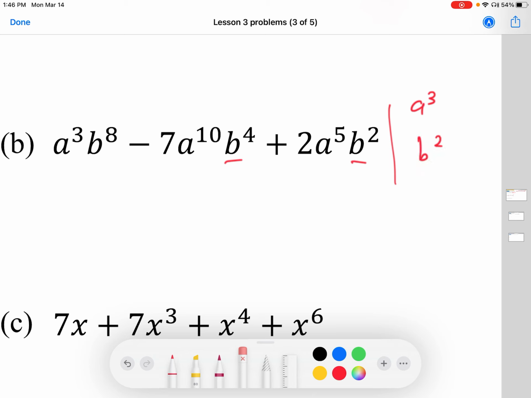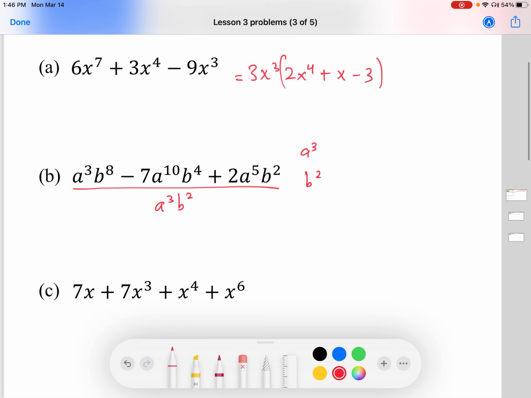Great. So I'm going to do the same exact process I did before. I'm going to divide this by a cubed b squared. And let's see what happens. We'll do it term by term as before. Look at the first term here. If I focus just on the a's, a cubed leaves me with a cancellation, so I don't put any a's.